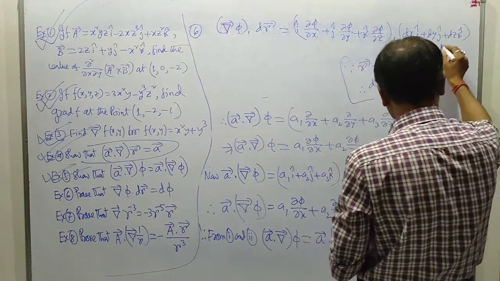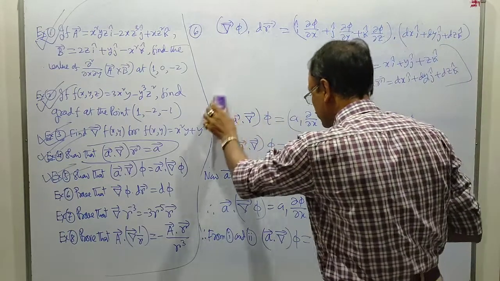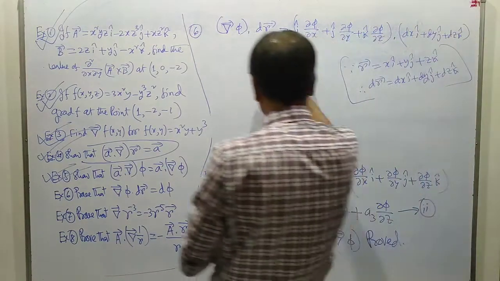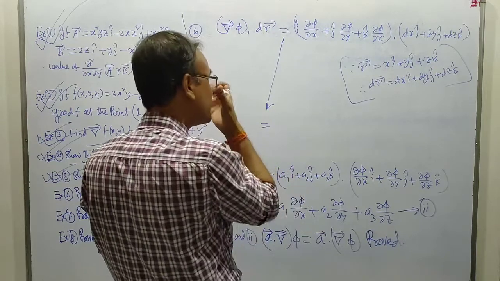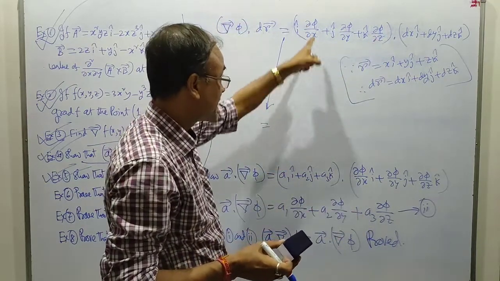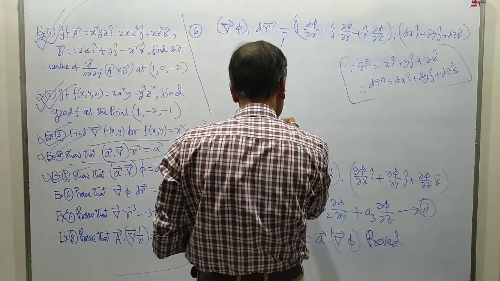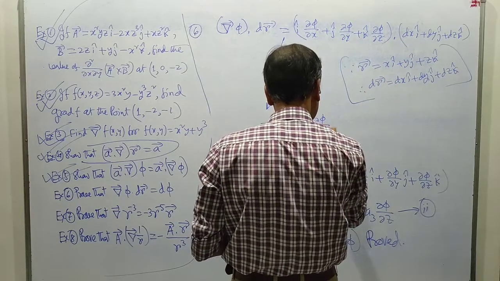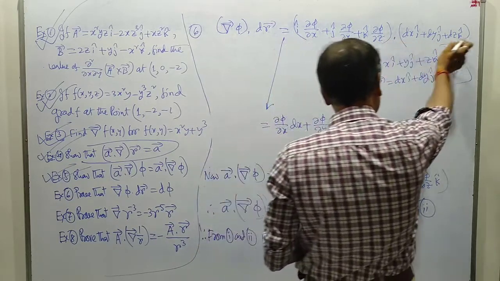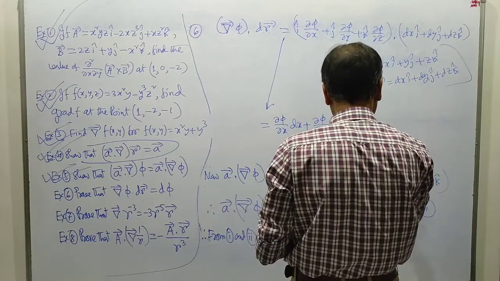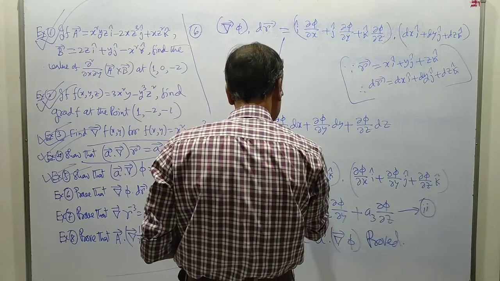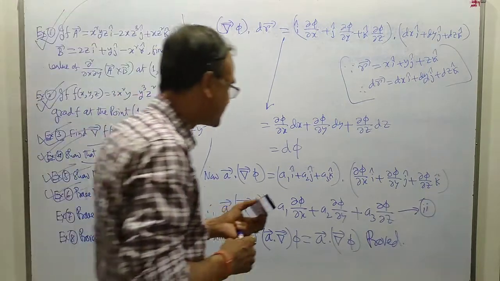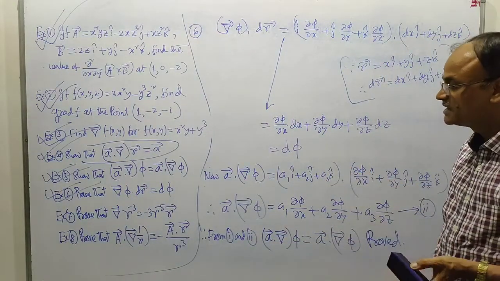The dot product gives ∂phi/∂x dx plus ∂phi/∂y dy plus ∂phi/∂z dz. This is nothing but d phi. We have proved number 6.